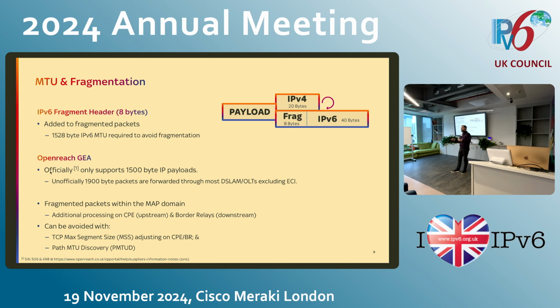Sadly, we couldn't guarantee 1528 bytes across our entire access network, so our wholesale access provider officially only supports 1500 bytes, so we've had to use that as the lowest common denominator in the UK network, which means you're going to get more fragmentation and additional processing on both the CPE and the border relay, but there are things you can do to help try and avoid that, like reducing the TCP MSS value or relying on path MTU discovery.